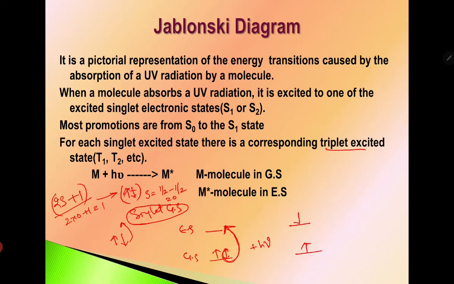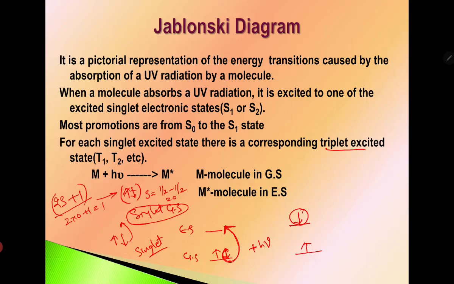Suppose this electron is getting excited to the higher levels by the absorption of radiation. If it excites to the higher energy levels with the same spin, that is, whatever spin it has in the ground state it has in the excited state also, then it is called a singlet state.